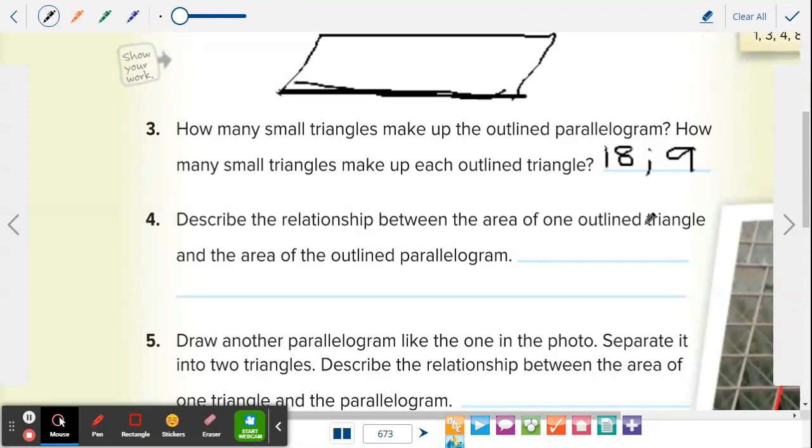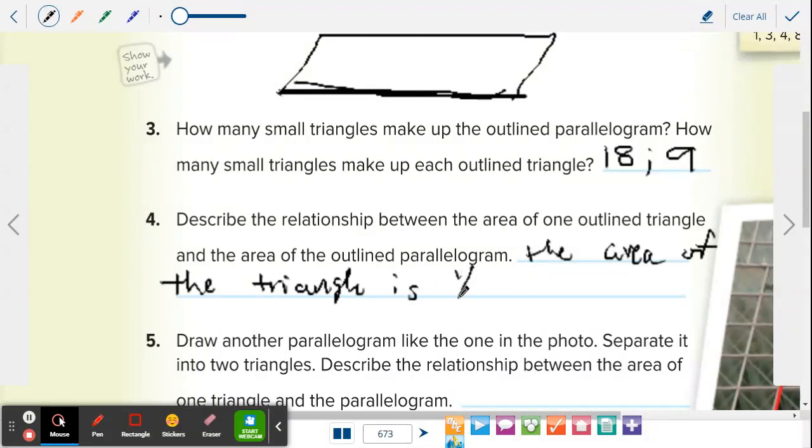Or you could say, since we're talking about the triangle, the area of the triangle is 1/2 the area of the parallelogram.